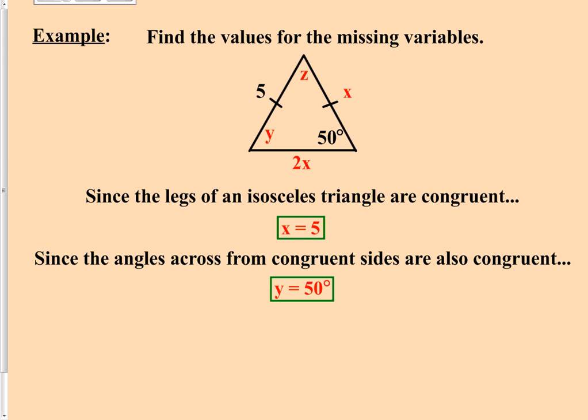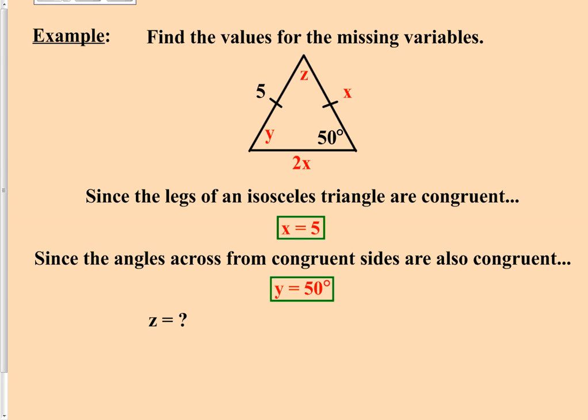Okay, now on to z. We don't have a property looking at us in the diagram like we did with x and y to tell us what's going on with z. So it's time for us to ask ourselves, what do we know about the picture? What can bring us information about z? Well, z is one of the interior angles of this triangle.